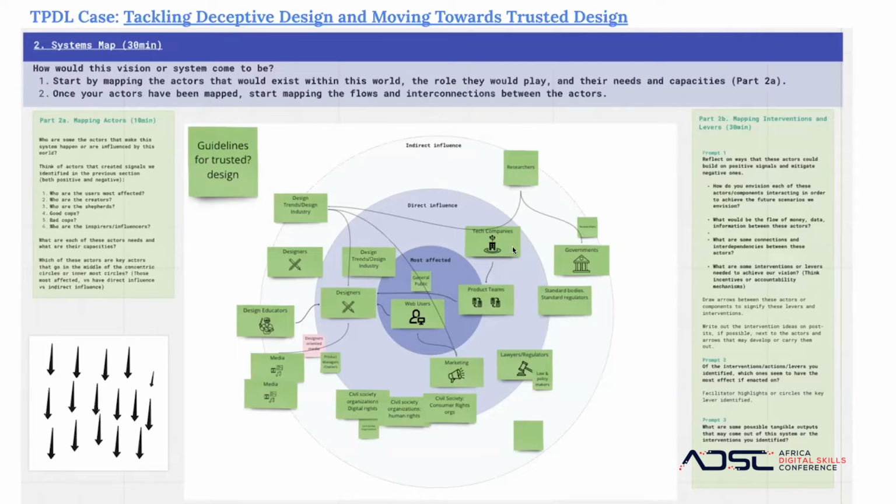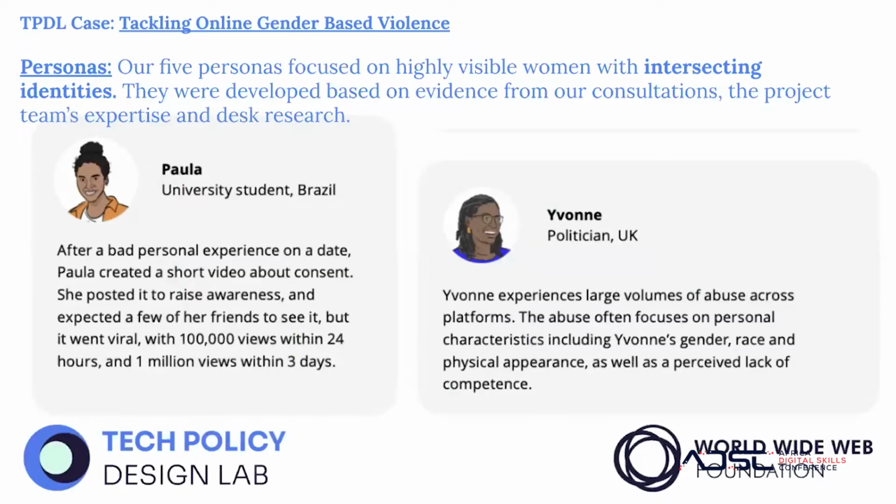So when we think about the users, we also have to think about the entire ecosystem at play, right? Because it's being designed by governments, by lawyers and regulators. So it's very important to think about the interactions between these people. How can they come together and co-create solutions that can empower the users?